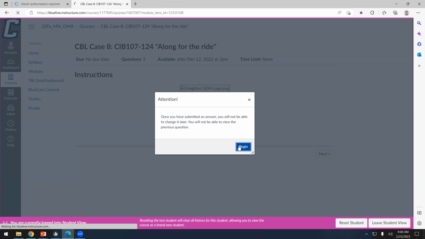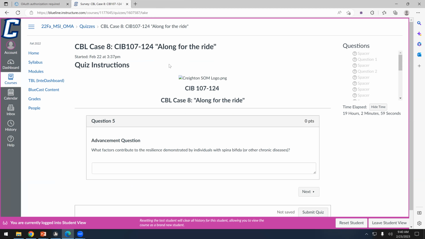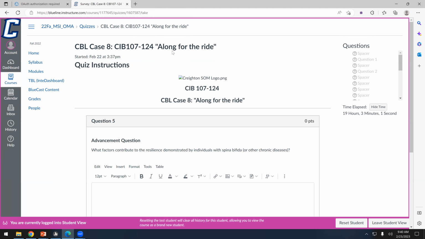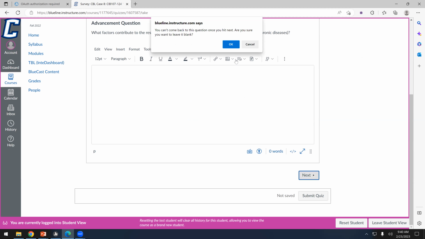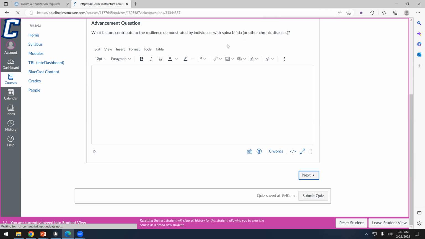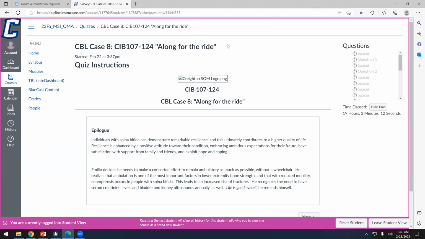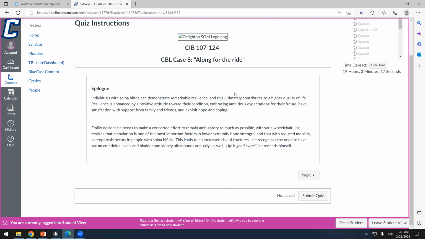We title each case. This one is Along for the Ride, because we don't want them to have the diagnosis prior to the case. I'm going to start over here.